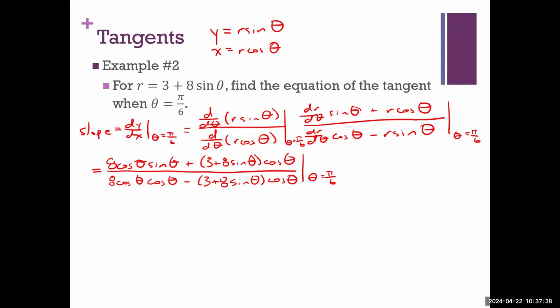Okay, so let's be very explicit here. From the r we have, dr/dθ is what? 8 cosine θ. So that's what all these are. For the second term, yeah, it's r sine θ, and you have your r, 3 plus 8 sine θ, but then you have cosine θ instead of sine θ for the denominator, the bottom one.